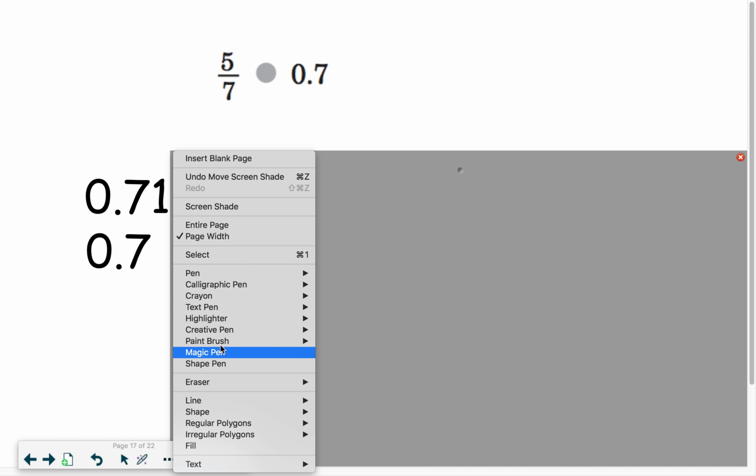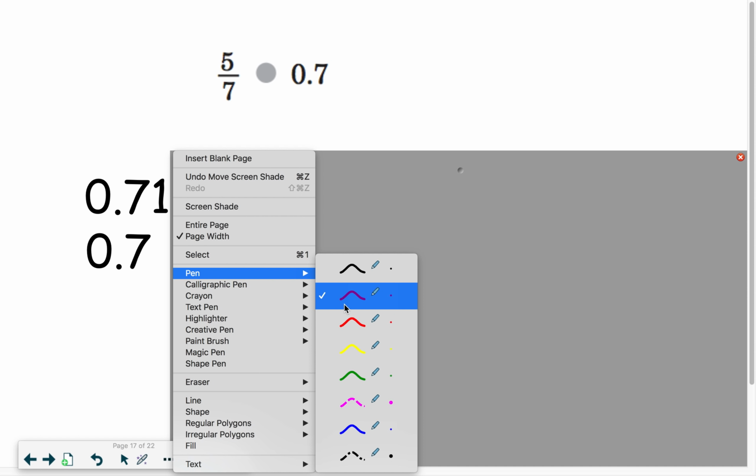They both have 7, so I move to the next digit. This top one has a 1. This bottom one has nothing. So this 1 is larger. Therefore, 5/7 is my larger number.